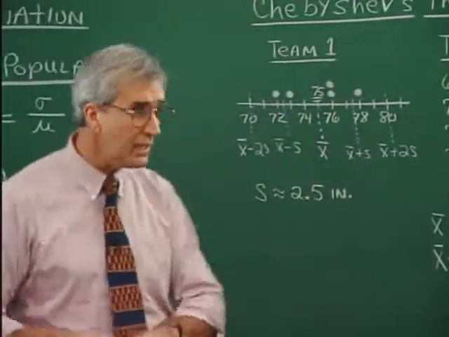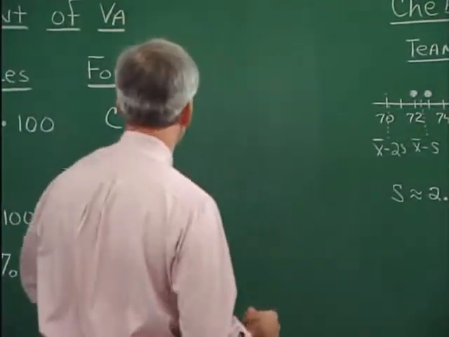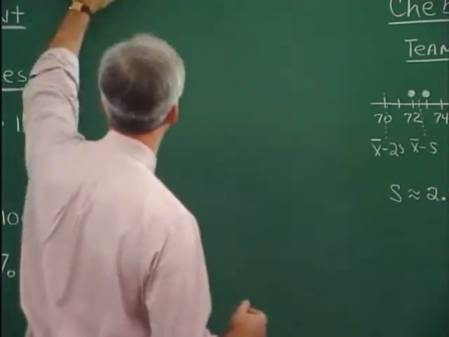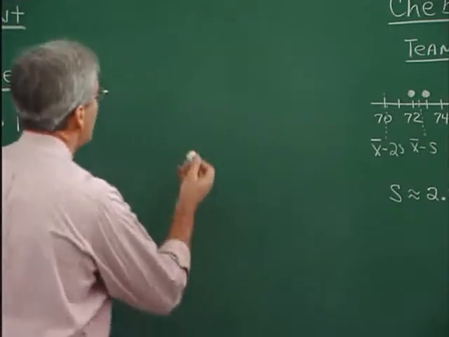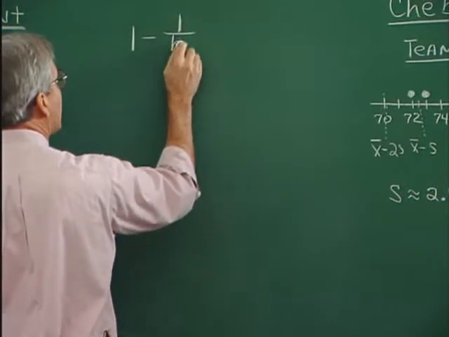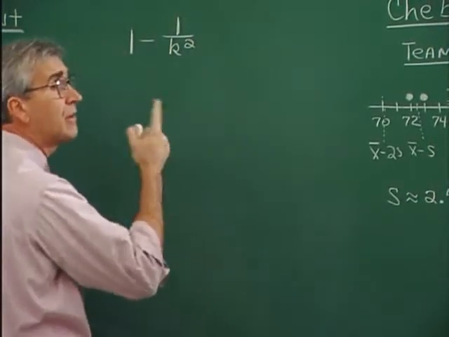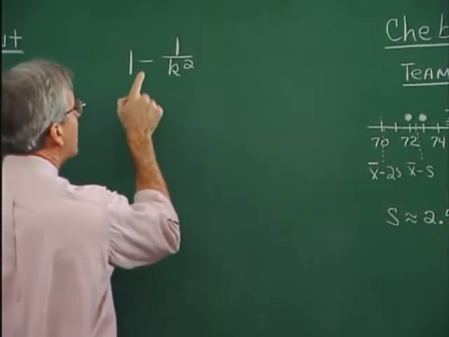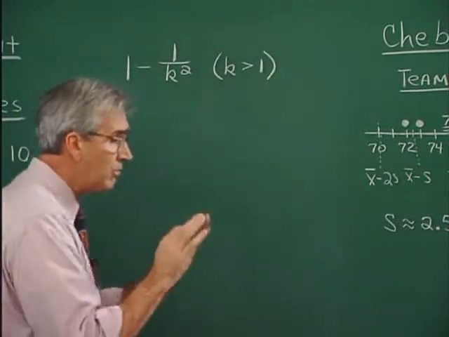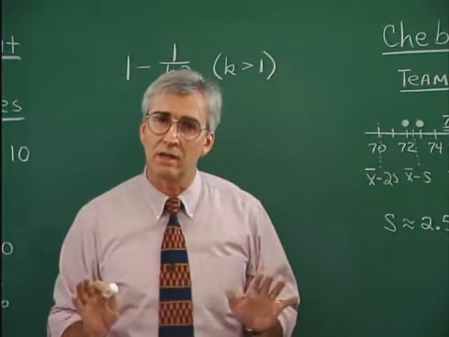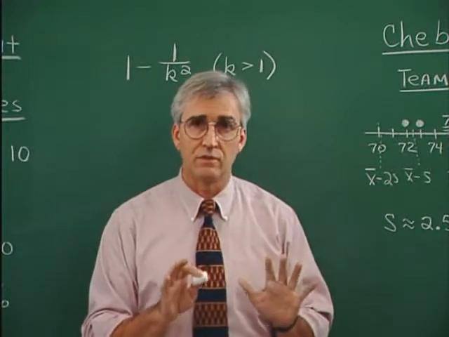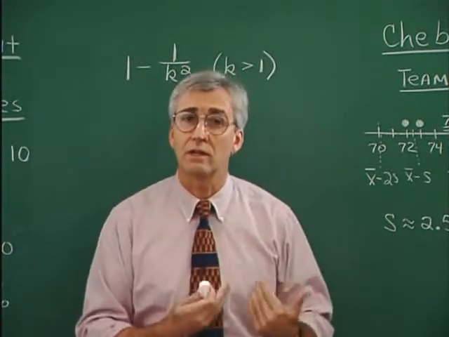He says that we can calculate the percent of values that are within a certain number of standard deviations from the mean by using this relationship, 1 minus 1 over k squared, where k is some number of standard deviations, and we can rely on this as long as k is greater than 1. Now it could be 1.1 or 1.2 or 1.5, but let's stick with whole numbers of standard deviations from the mean and see what this fellow came up with.